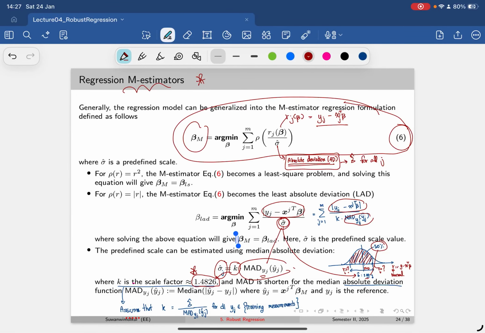And yes, your k is 1.4826, which came from a derivation of the fact that you want this standard deviation to cover only 1 absolute deviation, which is about 50% of this normal distribution. That's the main point of this algorithm, right?